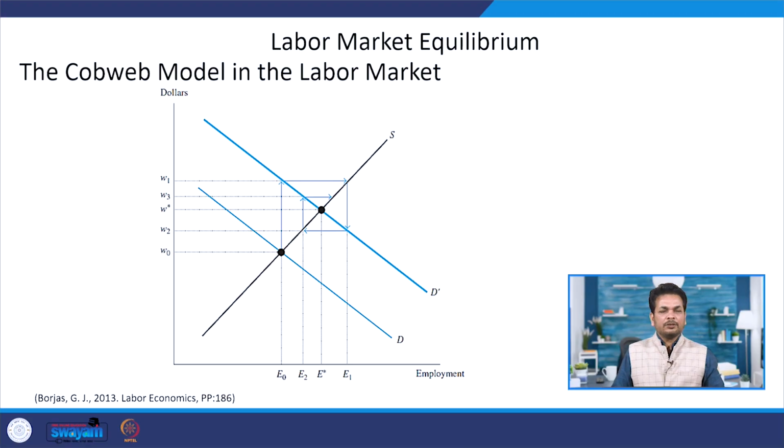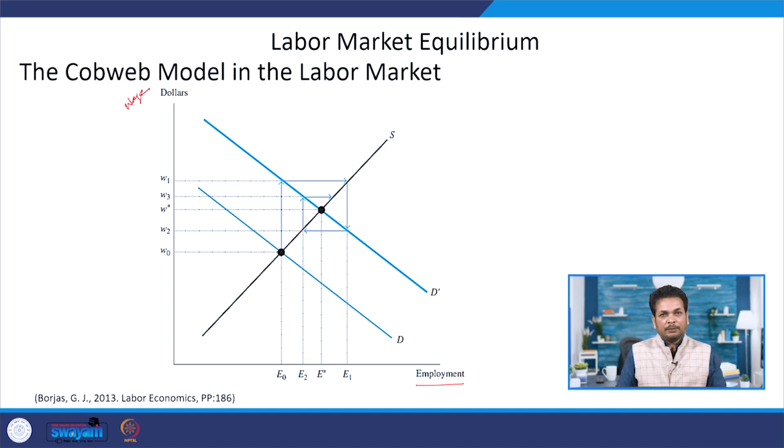So, considering these two assumptions, let us try to explain how labor market adjustment takes time over a period and how it affects employment and wage outcomes in the labor market. Here we have considered a simple demand-supply framework of this labor market. On the x axis we have taken the number of employment, and on the y axis, the wage.